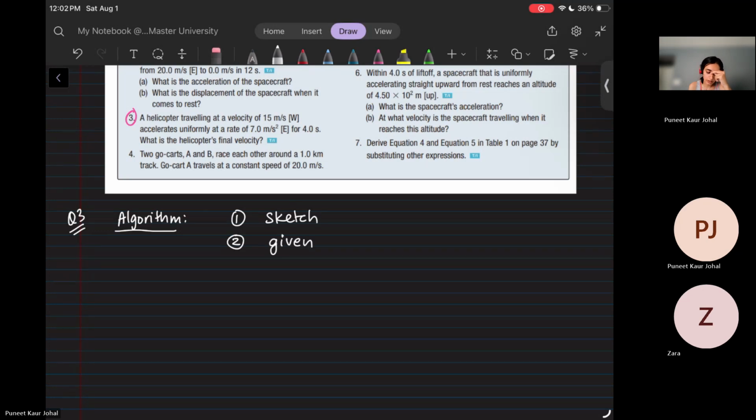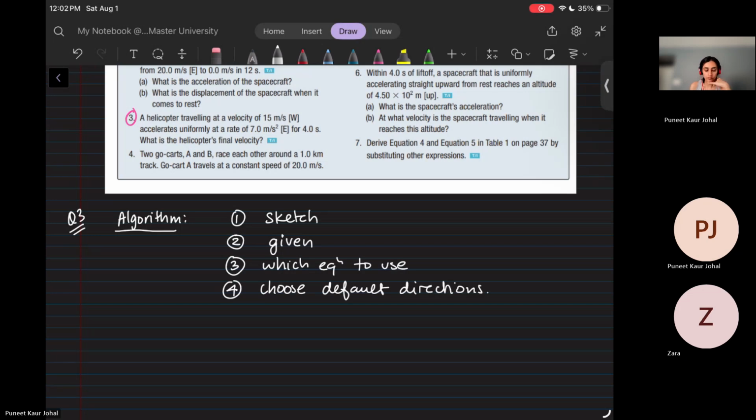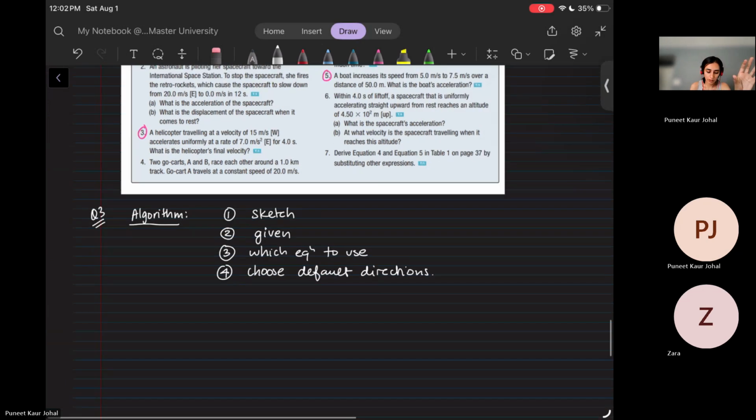You state what's given to you, and which equation to use. And then choose your default direction to deal with the signs. If you follow this algorithm, I think you will be fine with solving these.